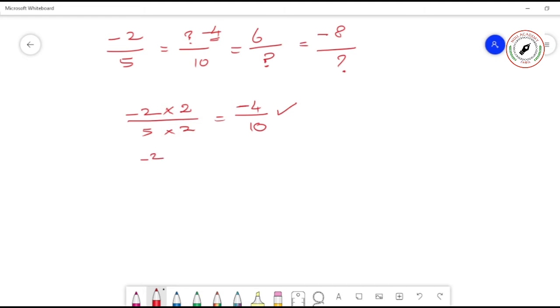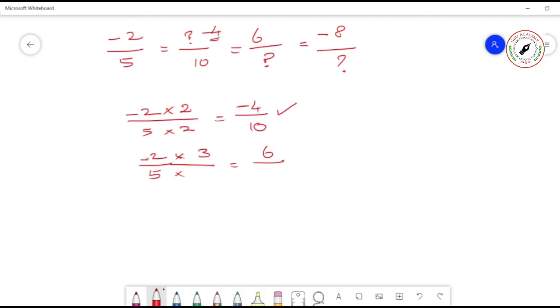Minus 2 divided by 5. Here we are getting 6. How much do you have to multiply? Here 2 is available. You need 6. 2 threes are 6.